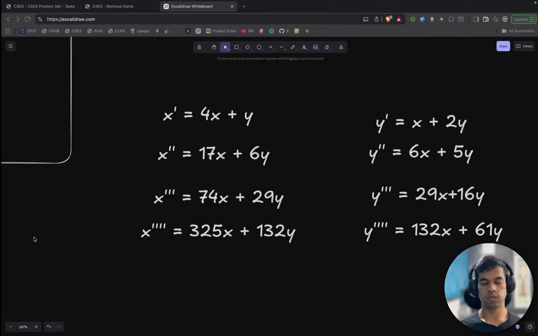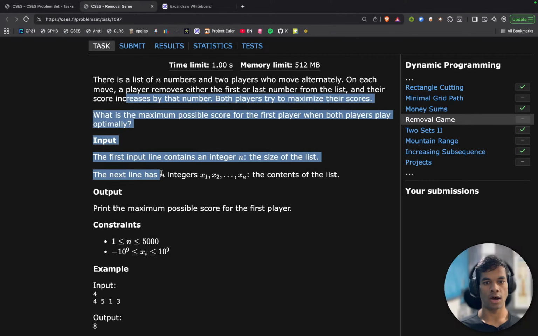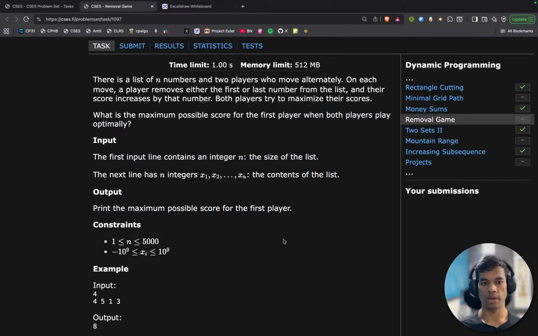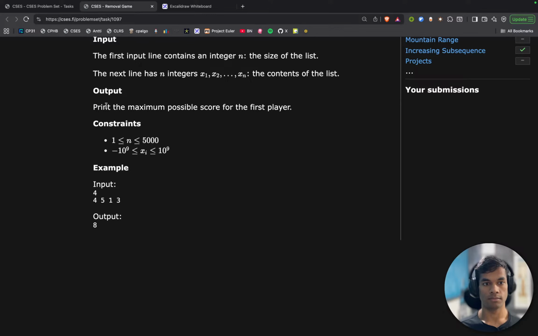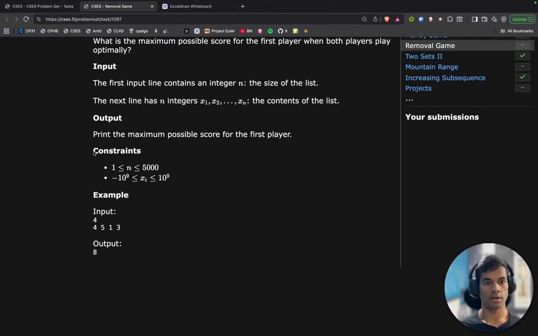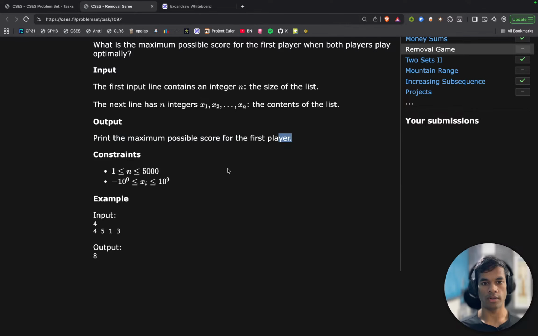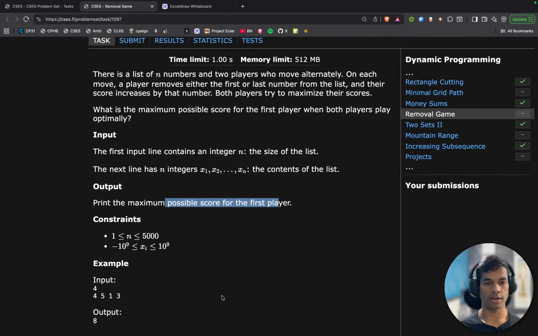And okay, now for this one, they have to play optimally and do their best. Print the maximum possible score for the first player, and the first player goes first.